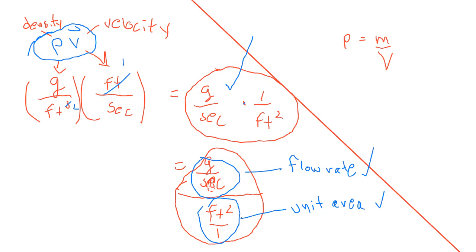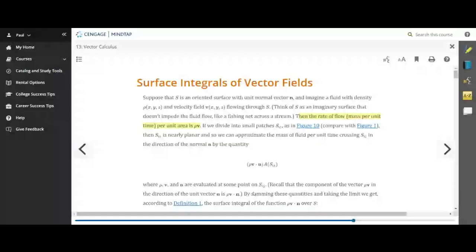So it's flow rate per unit area, or rate of flow per unit area. And if I go back to the book, now I'm comfortable with what they're saying here. Now I'm comfortable that the density rho times the vector field v is rate of flow per unit area.